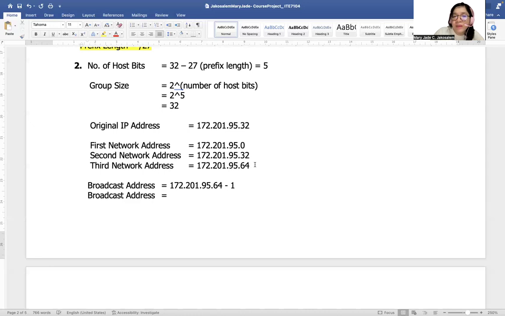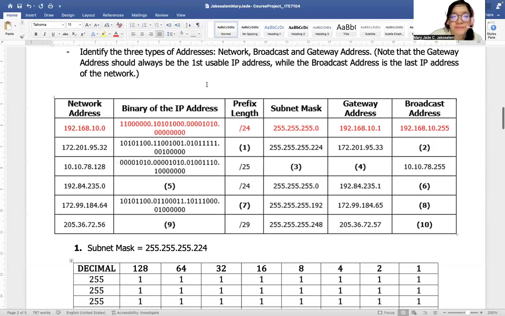So our broadcast address is 172.201.95.63. We deducted 1 from the 4th octet of our 3rd derived network address. Hence, the broadcast address is 172.201.95.63.